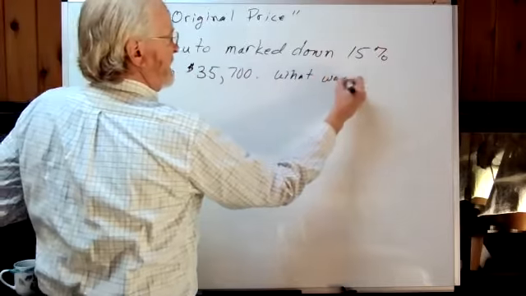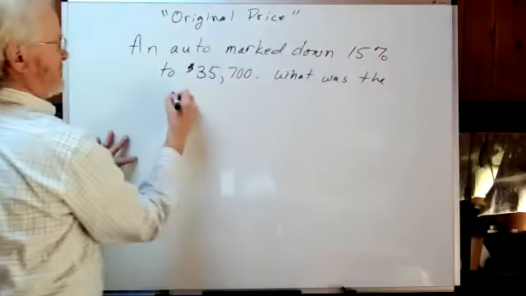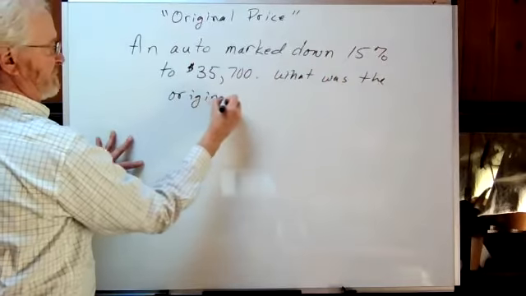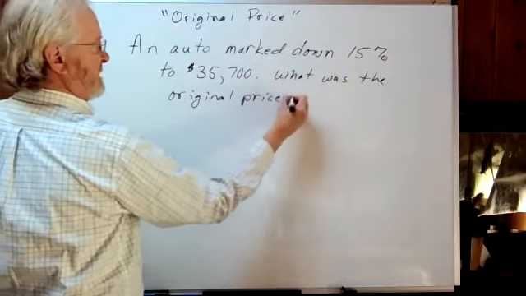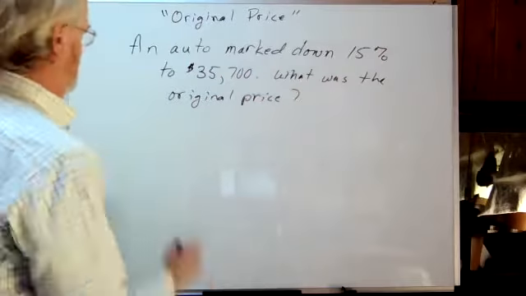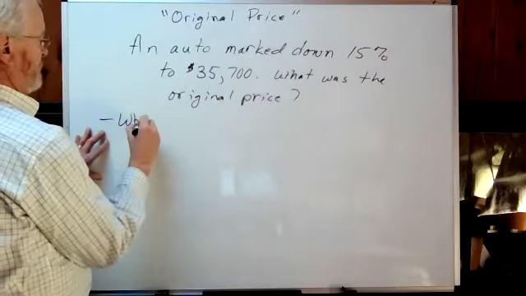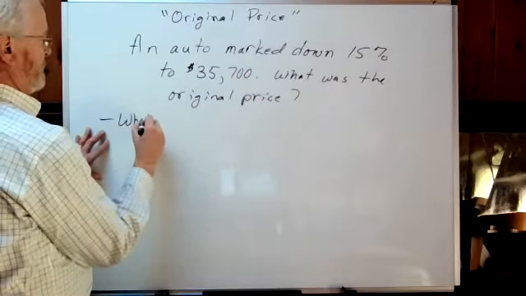What was the original price? Can you set that one up? Can you do that? All right, and then I like this idea. Just write your sentence. Can you put it all in the same one phrase?